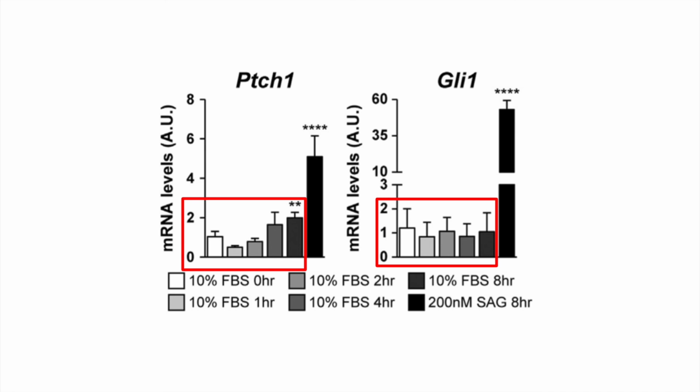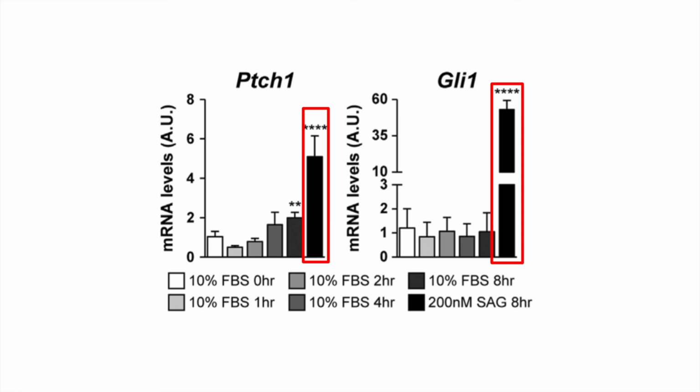As can be seen here, FBS was able to only effect a slight change in the levels of PTCH1 transcription over the course of 8 hours, while GLI1 transcription showed relatively no change. However, under treatment of 200 nanomolar SAG, the levels of both PTCH1 and GLI1 gene transcripts showed a huge increase in transcription levels.